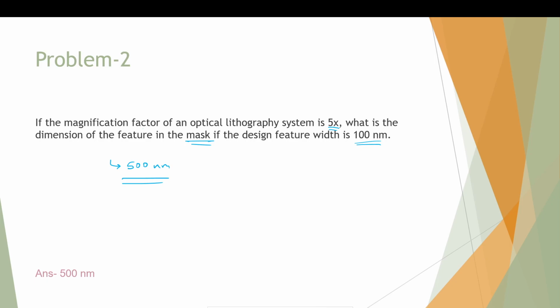So this is talking about projection lithography. So only in projection lithography we get such magnifications. So what happens in projection lithography is we have a mask, and after the mask we have a projection lens.